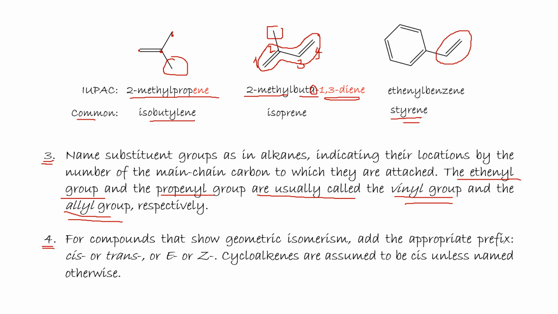For compounds that show geometrical isomerism, add the appropriate prefix cis or trans when applicable, or E or Z. Cycloalkenes are assumed to be cis unless named otherwise.